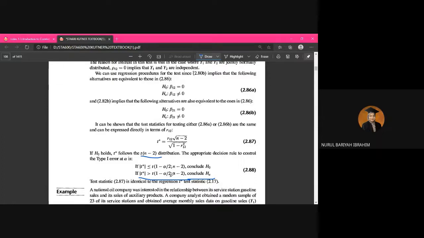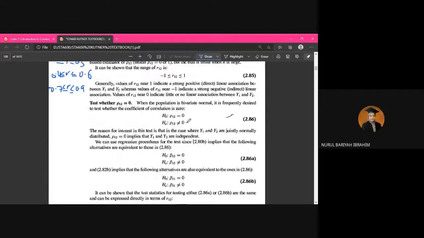Like I said before, if we use the t table from this textbook, we will use 1 minus alpha over 2 for a two-sided test. If you use the stat table, the red one, here it is just t alpha over 2 with n minus 2 to reject H0. If H0 is rejected, we conclude this: the value of R is either negative or positive, but not zero.